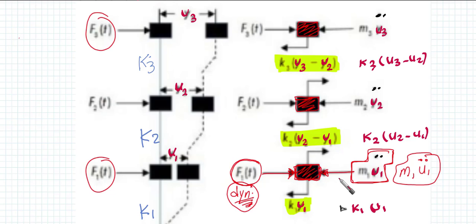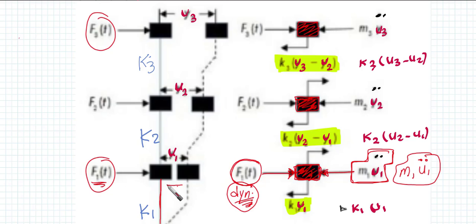But the columns and the motion of other masses also contribute to the forces on this mass. For example, the first column is going to resist the applied dynamic load, right?